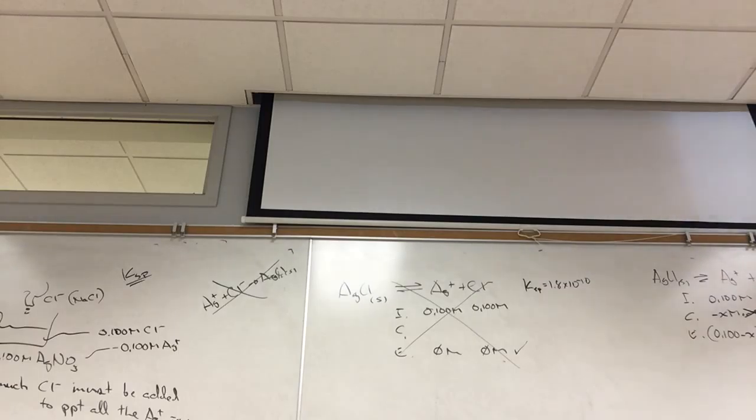Will the simplifying assumption work here? A simplifying assumption won't work here because if I use it, we have no x to solve for. And so I've got to use the quadratic.